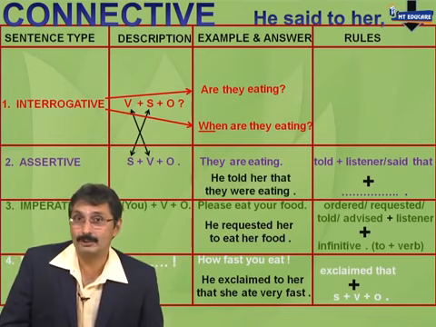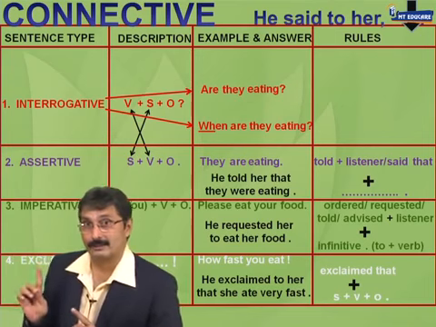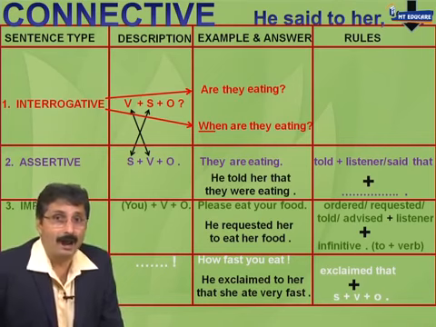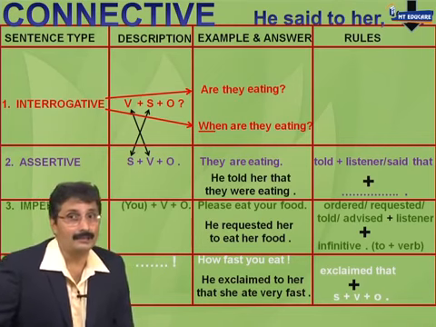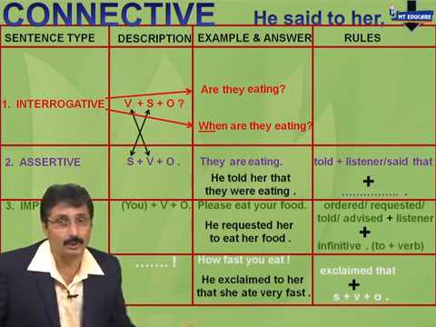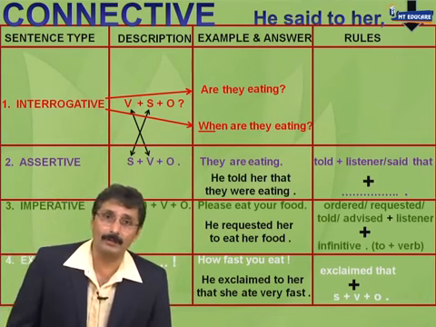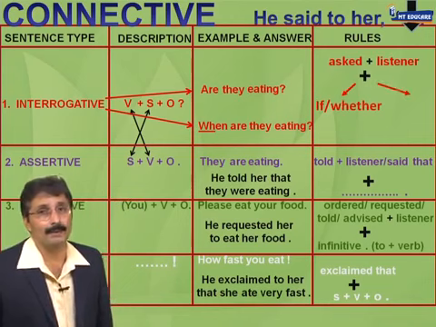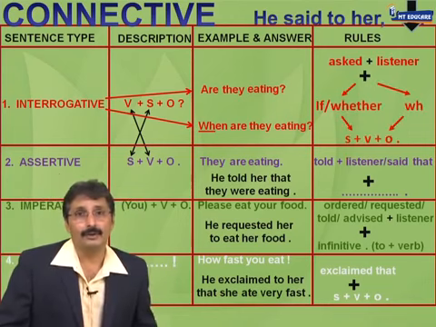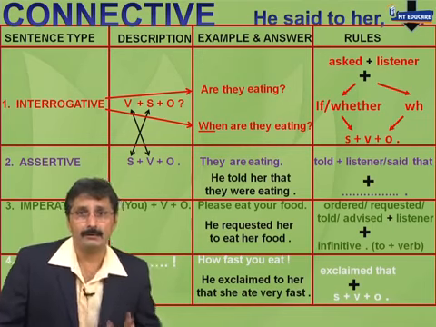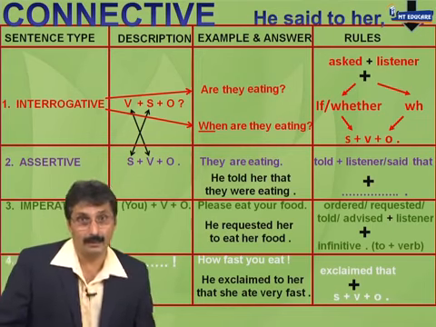Let's check the first 2 sentences, the interrogative sentences on your screen. Are they eating, and when are they eating? As I said, there are 2 types of interrogatives, either with the WH or without the WH, and the rule is very simple. Instead of said, you will use asked. After that, whoever is the listener, in this case, her.